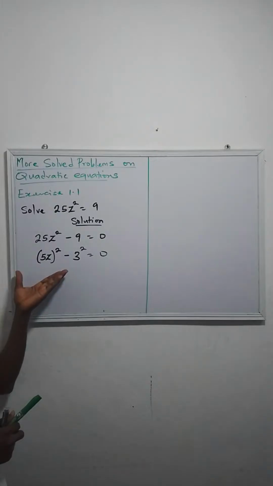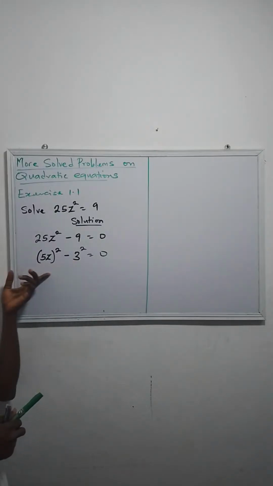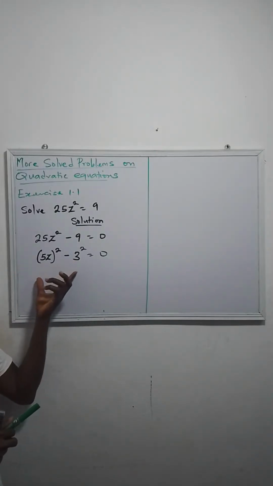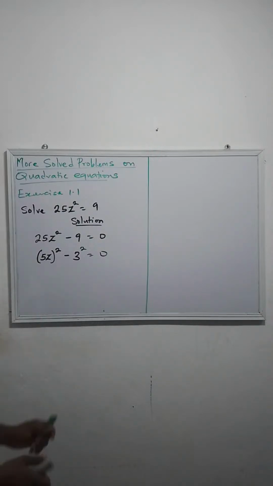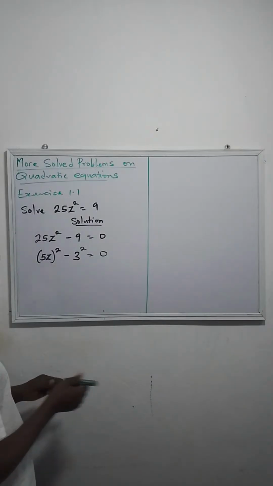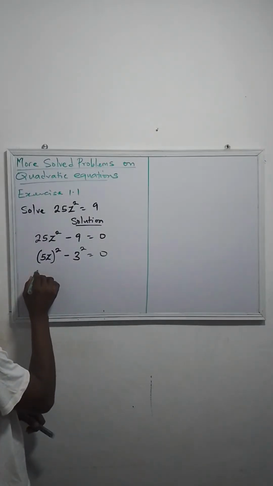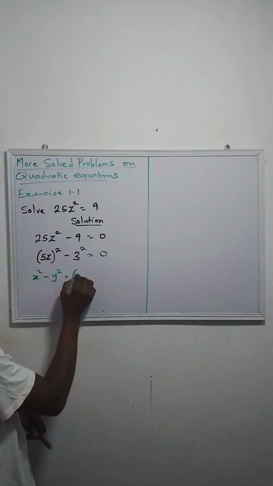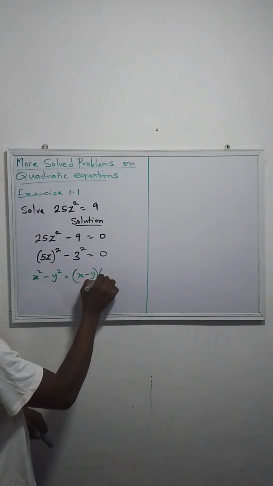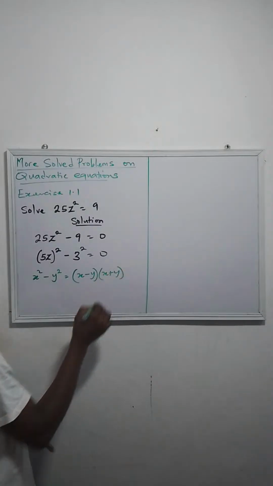Now when you look at this in mathematics, this is what we call difference of two squares, the subtraction of two squares. When you have x squared minus y squared, the result is x minus y, x plus y.